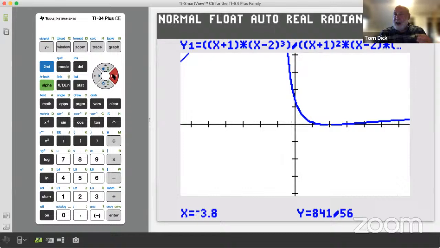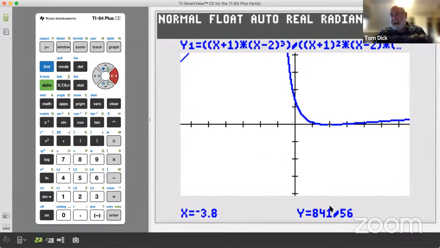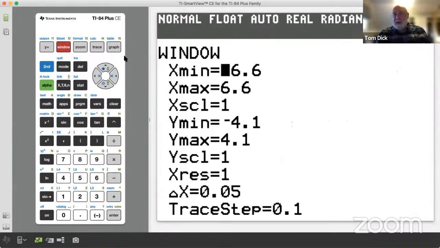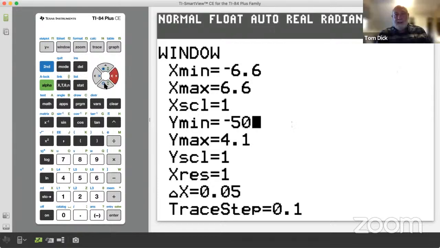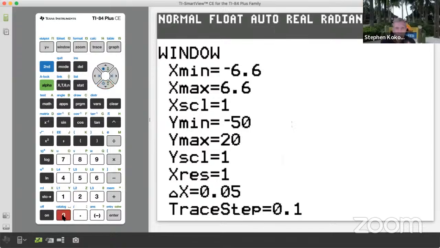Well, these values are kind of hard to decipher, but in any case, I'm going to try the following. I'm going to go to the window, and I'm going to change my Y min to -50, and I'm going to change my Y max to about 20, just for grins. I'm not guaranteed this is going to give me a really good graph, but let's give it a shot and see what happens.